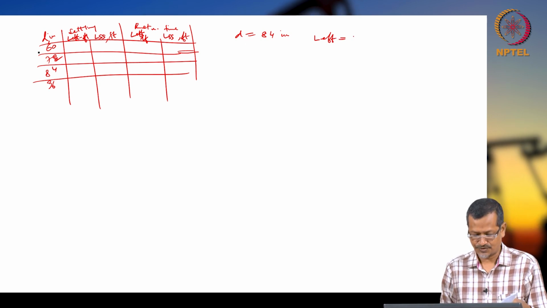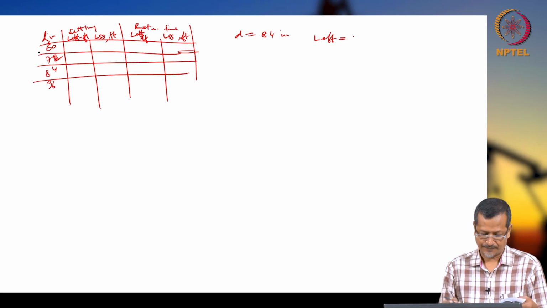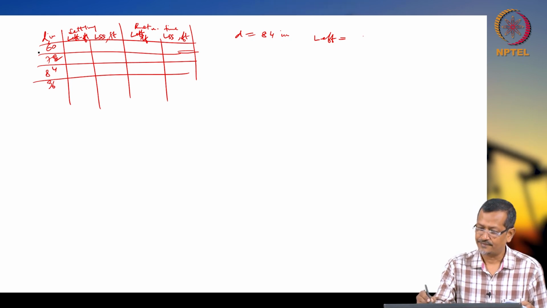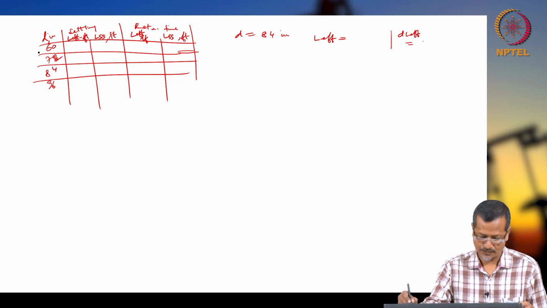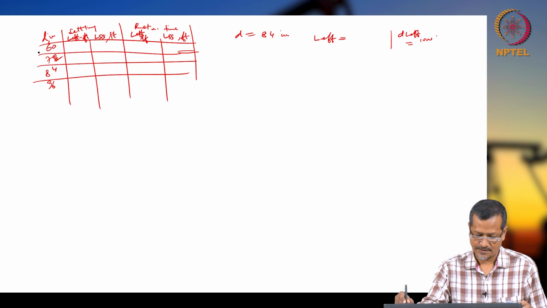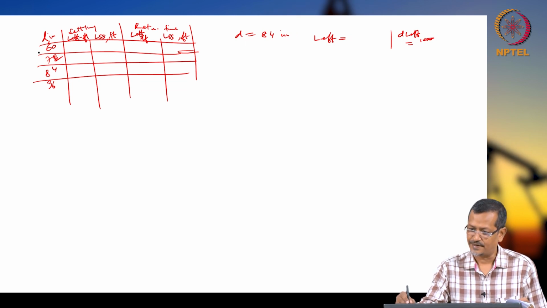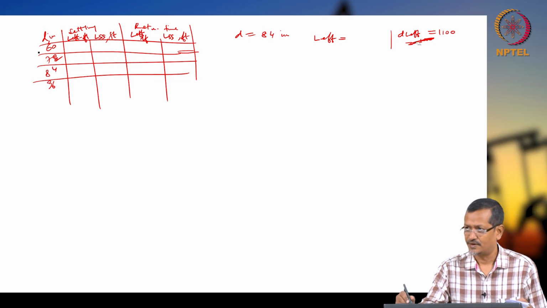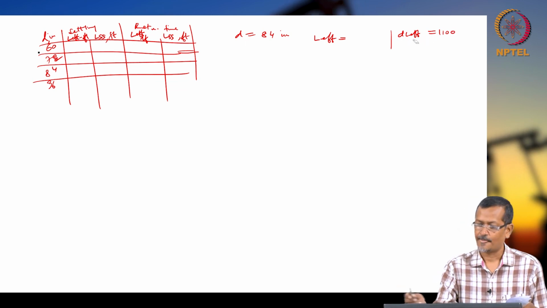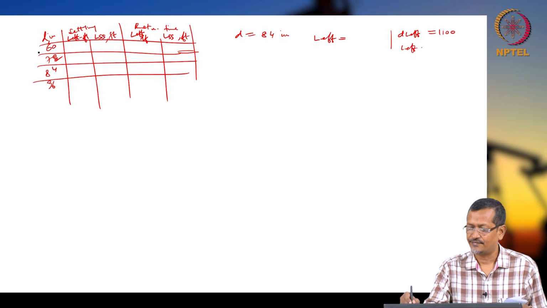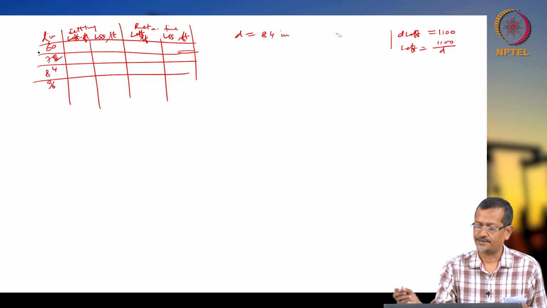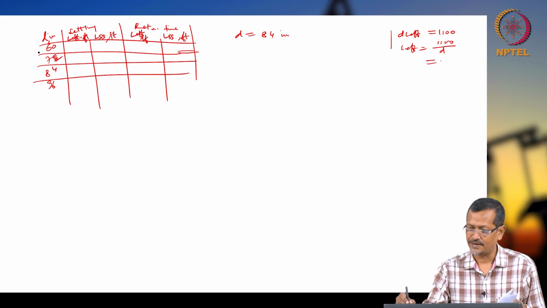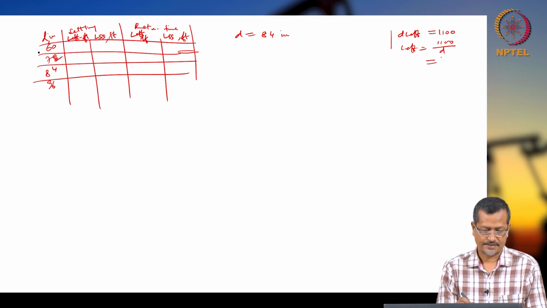For the settling calculation formula, if you see, D LEFF equals 1000 and you got the 1100 value. You got 1100 already, right? So LEFF equals 1100 divided by D. So this value will be coming as 13.1.